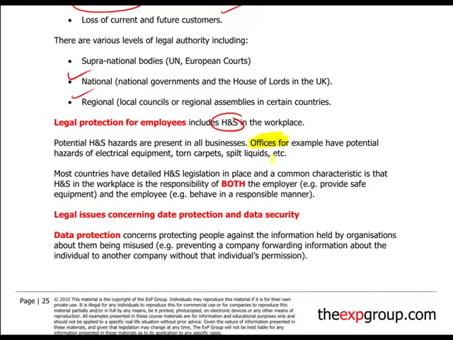When it comes to electrical equipment, the employer, the company, has to make sure that all electrical equipment is well maintained and serviced on a regular basis. If there's spilt liquid, the organisation should make sure there are methods to clear it up quite quickly.